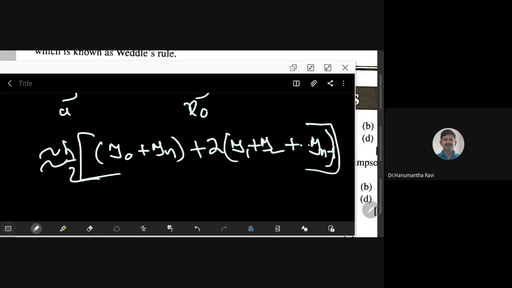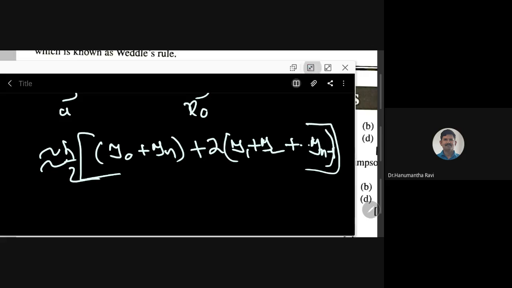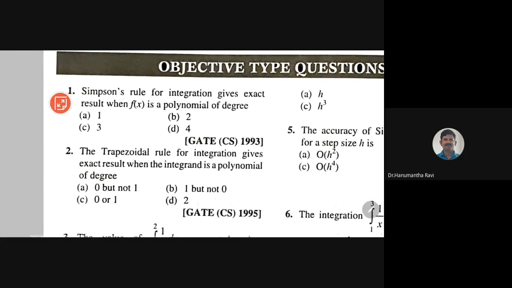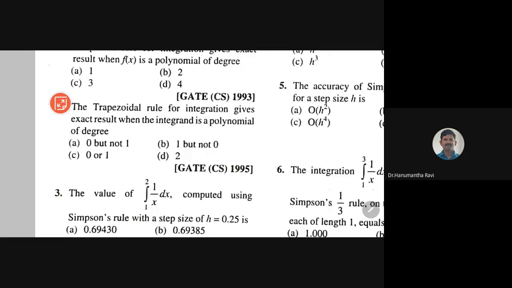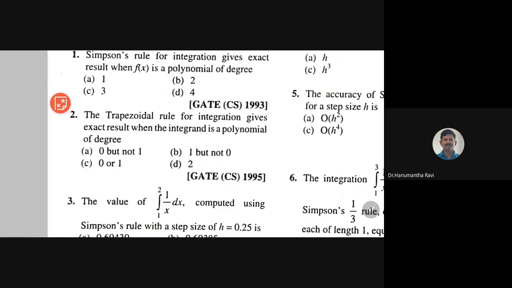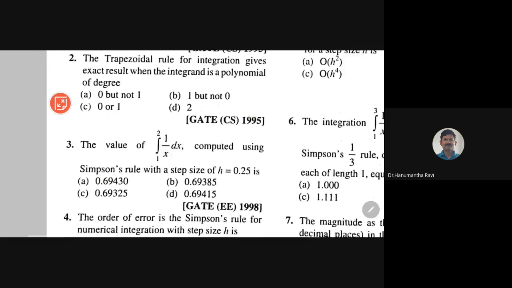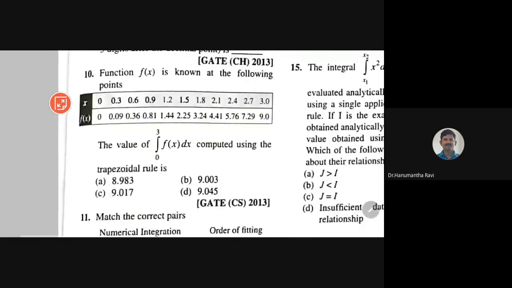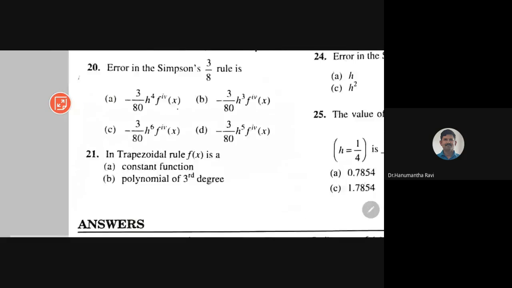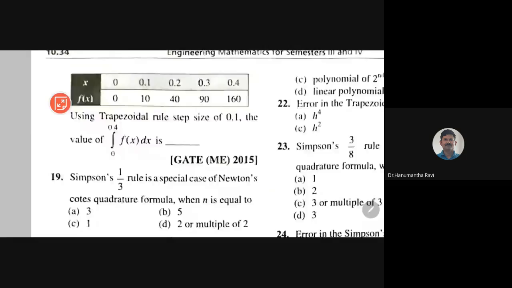Then the trapezoidal rule of integration gives the exact result when the integrand is a polynomial of degree, that also you had better remember. So it is B again.